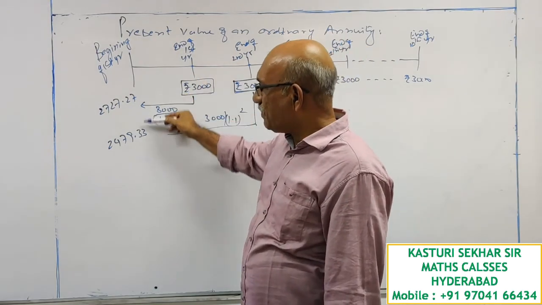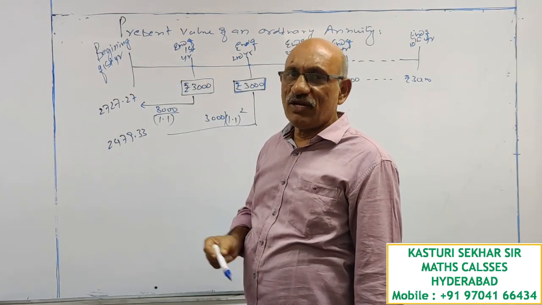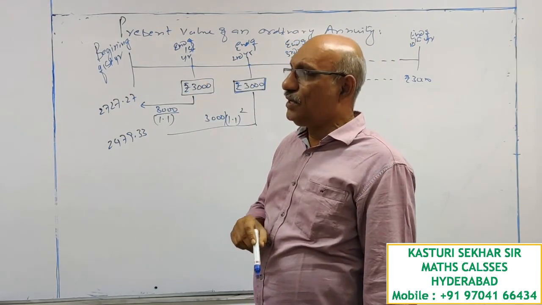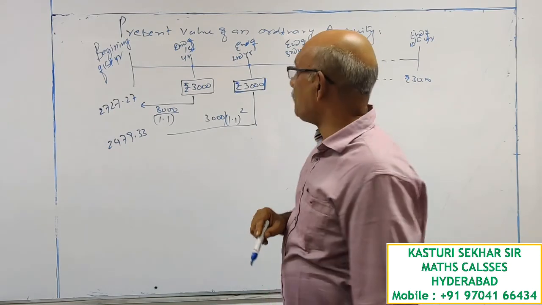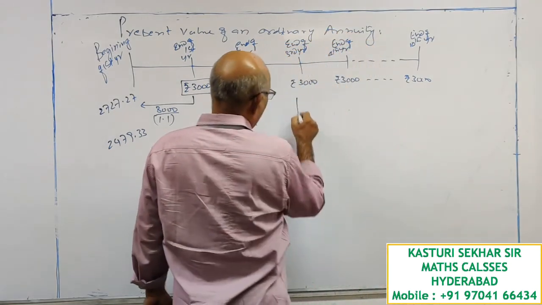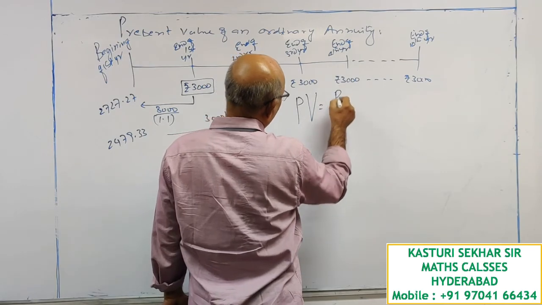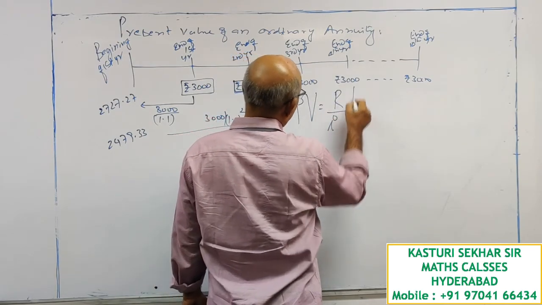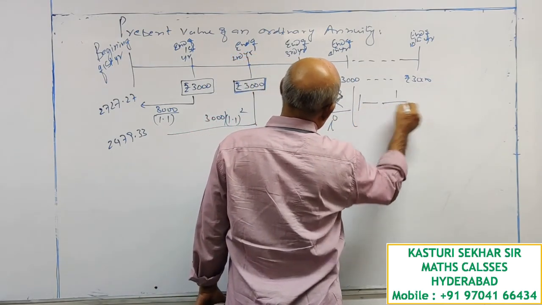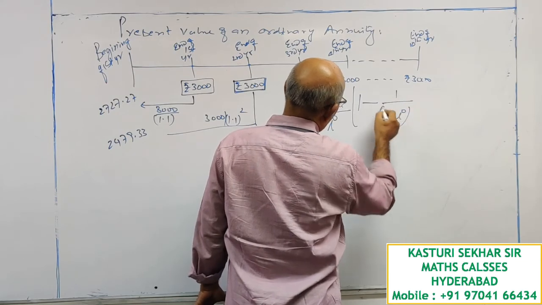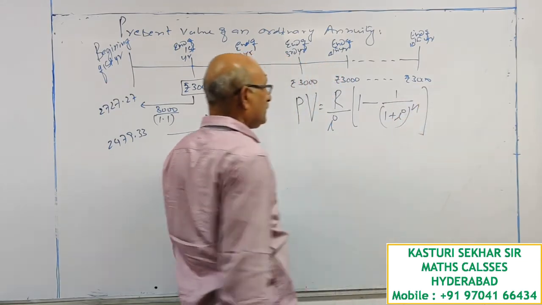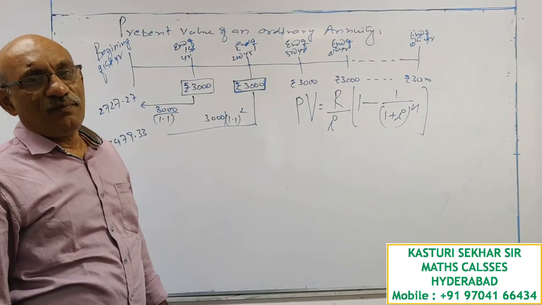It is more time consuming to find the present value of each and every payment, so I use the formula. Present value is equal to R by i into 1 minus 1 by 1 plus i whole power n.